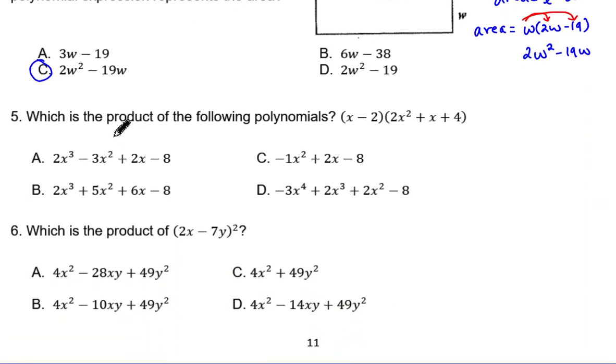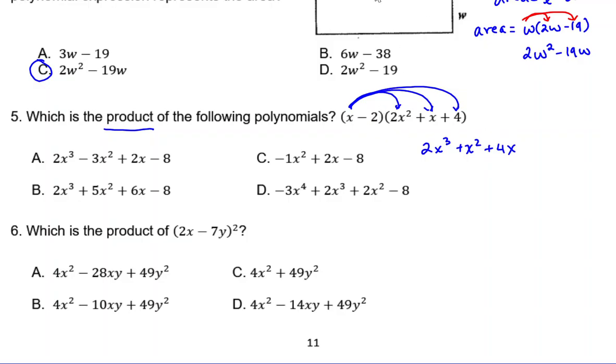What is the product? Product also means multiplication. And even when I look at this, I can see that I need to multiply these two. So let's go ahead and do this. x times 2x squared is 2x cubed. x times x is x squared. x times 4 is 4x, so positive 4x.